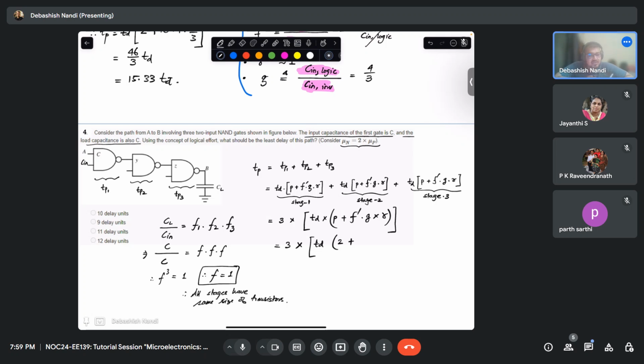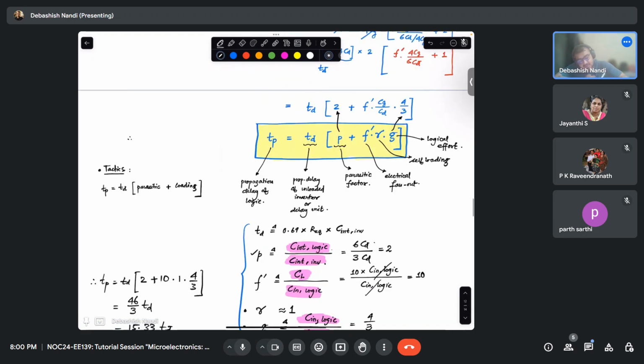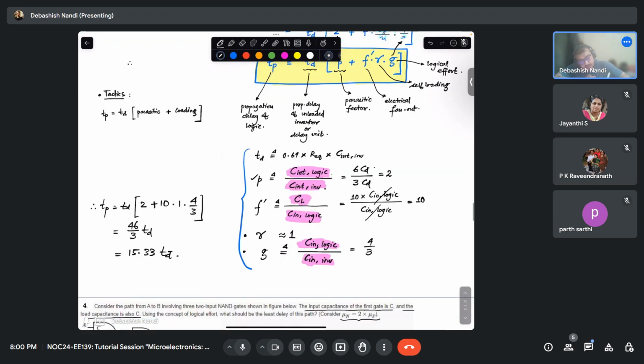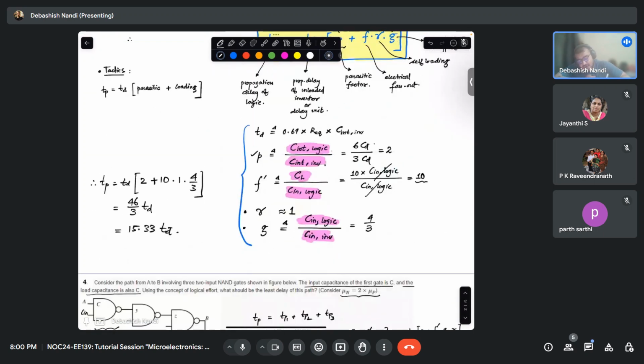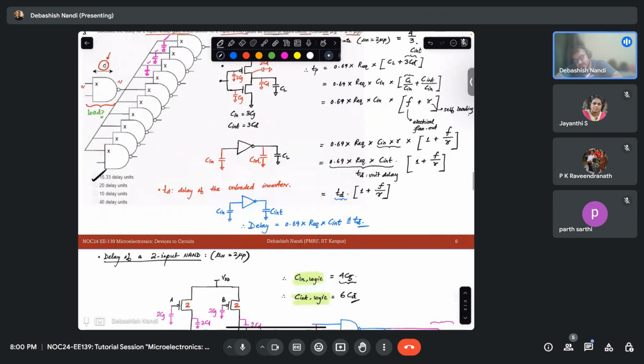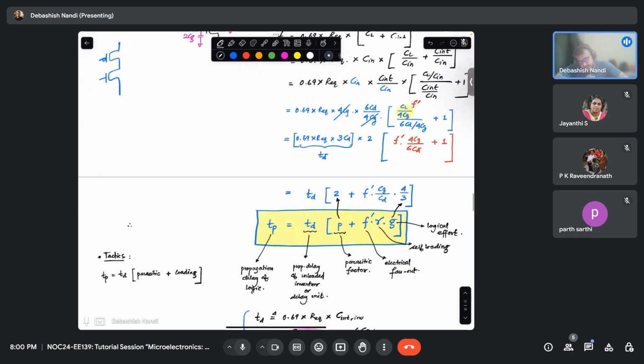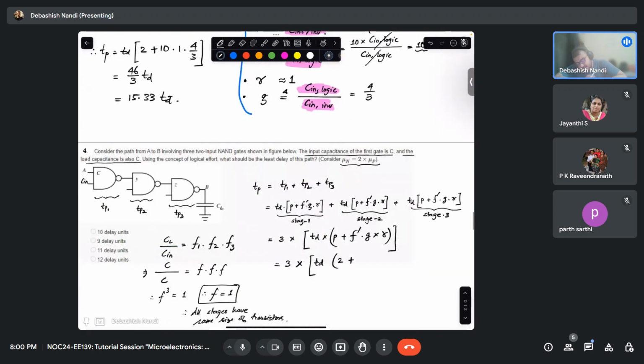F dash, what is F dash in my case? Earlier it was 10, right? Why 10? Because 10 gates were connected in parallel. In the current case, what is connected? Only one single gate is connected. So F dash will be 1.